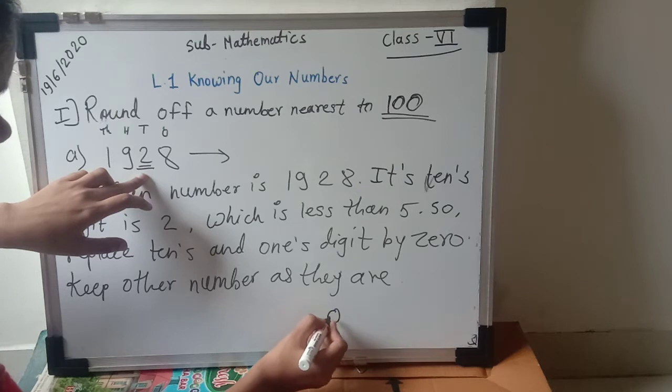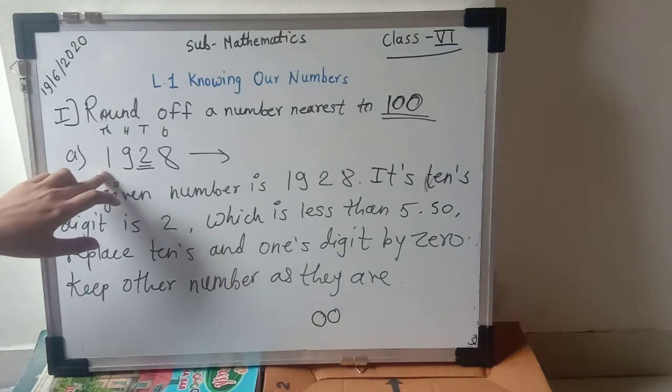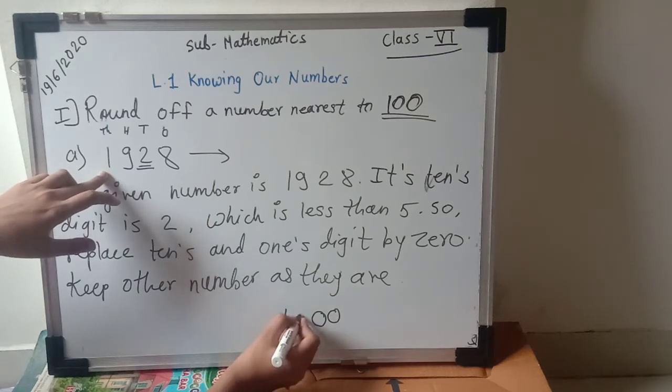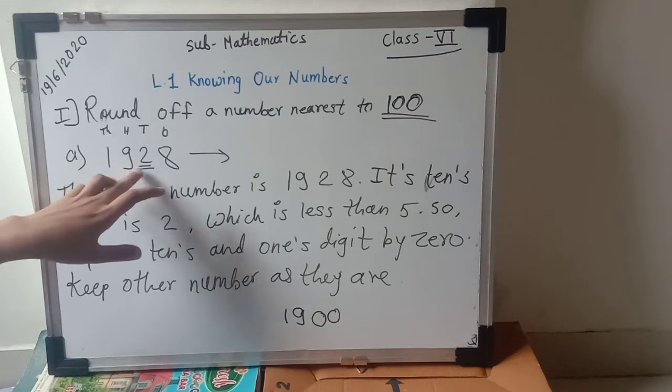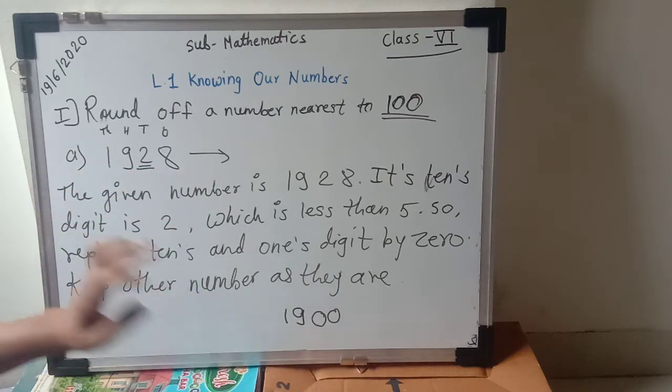Here this 0 is for the ones digit, this 0 is for the tens digit, and write the other numbers as they are. So the rounded number of 1928 is 1900.